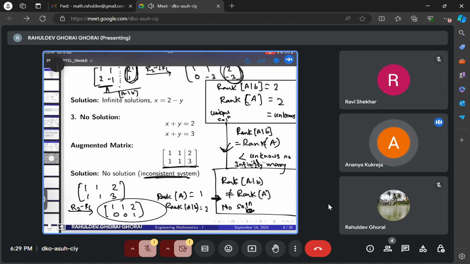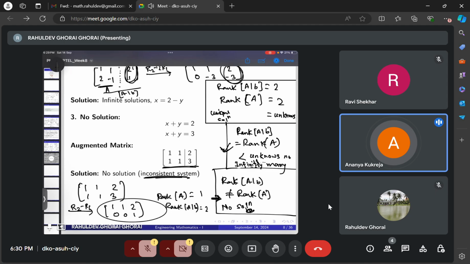Sir, I had a doubt about the rank, not in this course but from school and college. When we convert the matrix into echelon form, the number of zeros before the first non-zero element should keep increasing as you go down.